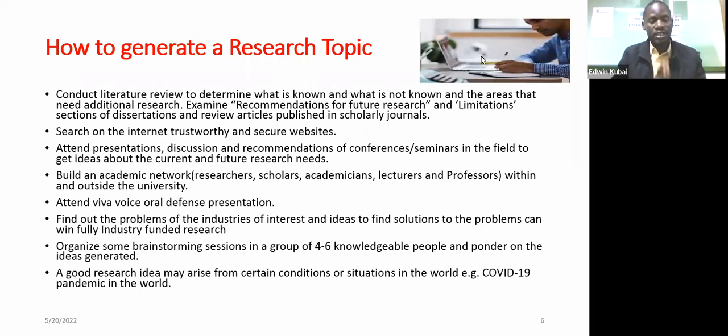Build an academic network. Have friends. Researchers, you may have scholars, you may have academicians, lecturers, professors. These should be your friends. If you are a scholar, you are an academician, make sure you work with researchers, work with people who are scholars, work with academicians.